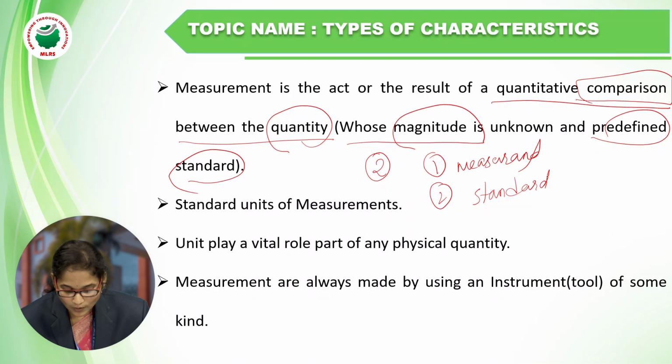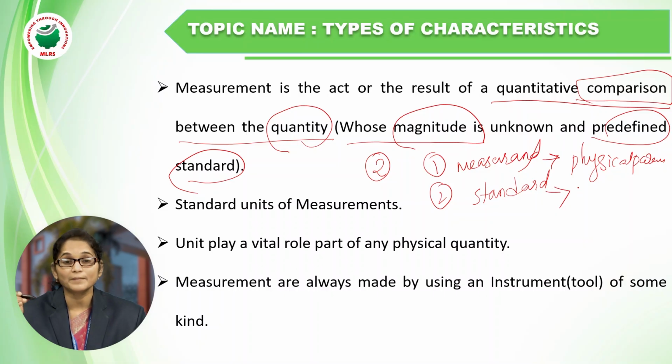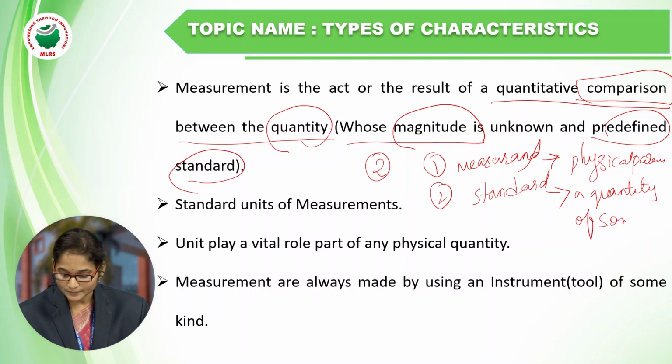The measurand is nothing but the physical parameter, and the standard is a quantity of some kind chosen as a unit. Already we discussed this in the previous class; I am just revising what we learned.